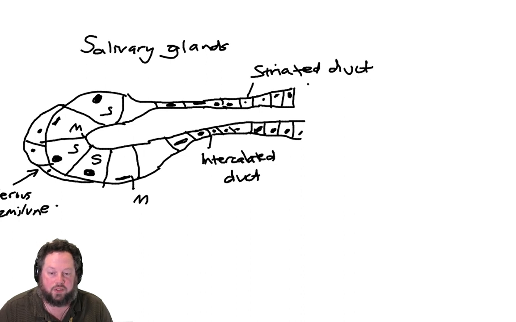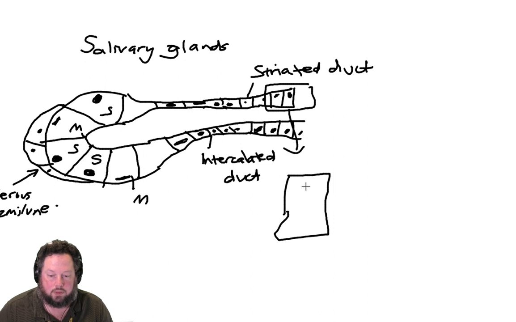Now, if we were to sort of zoom in here, what we'd actually see is that these cells have these basolateral infoldings, and scattered between them are mitochondria. This is really bad, I apologise.